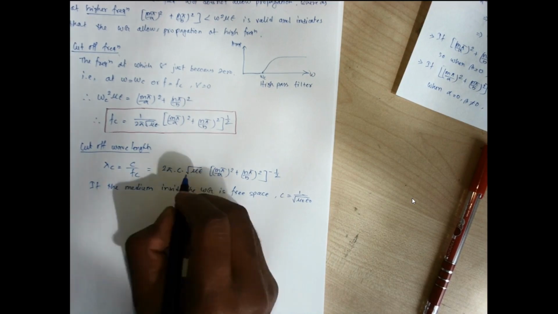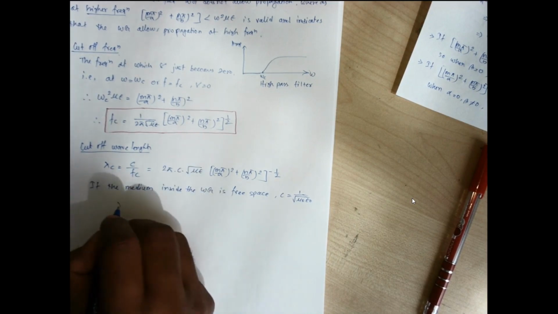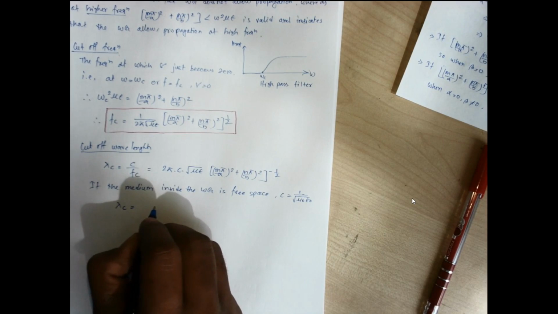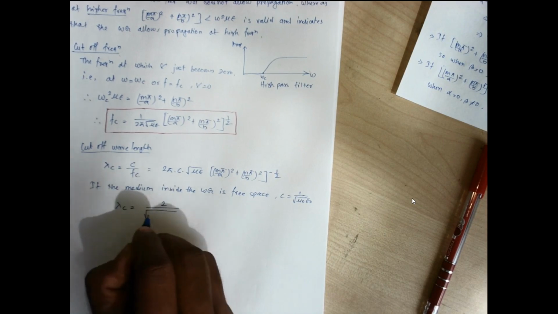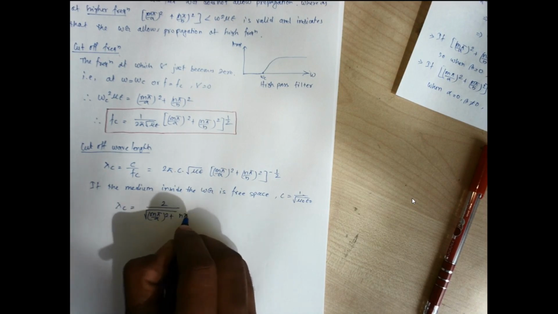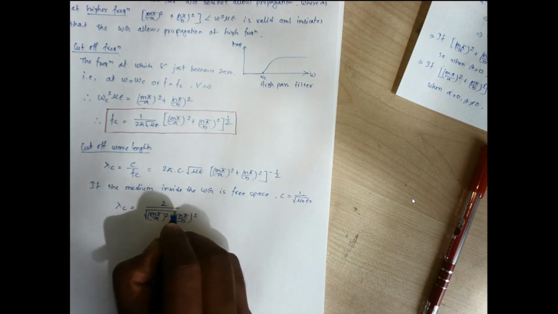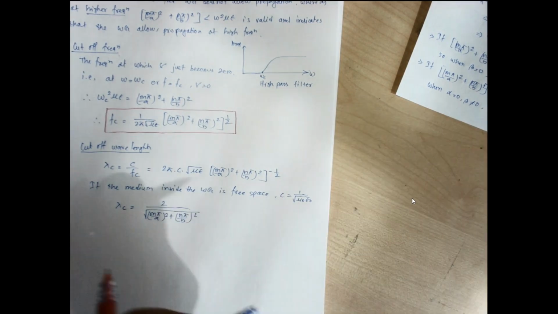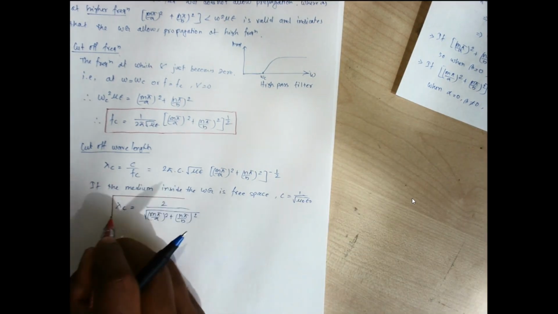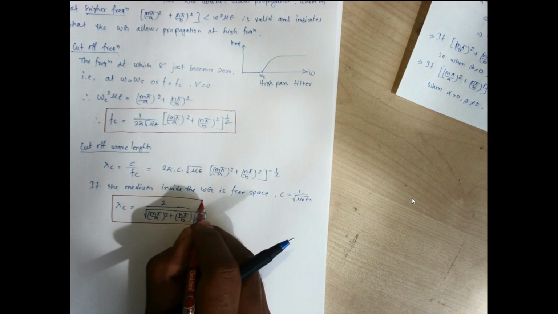So this one will get cancelled. So our lambda c will be twice by root over (m pi by a) whole square plus (n pi by b) whole square. This is the expression of the cutoff wavelength.